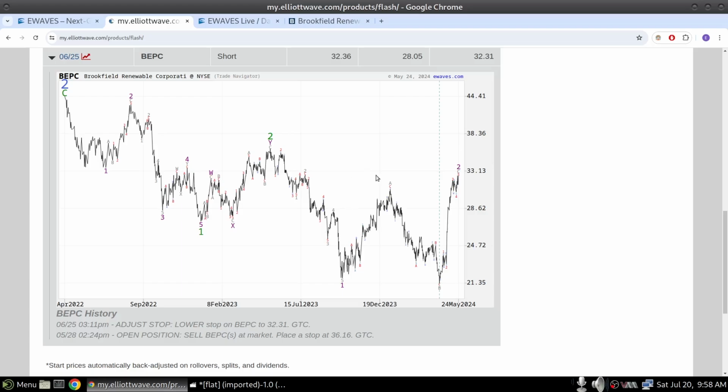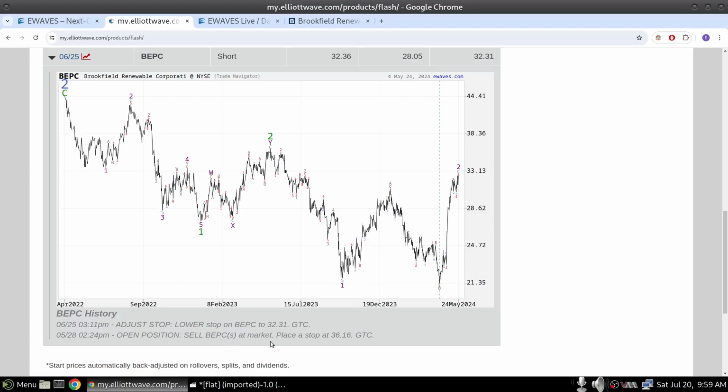Now, the first reason I'm going to show you is that, as you know, wave 2 can never break wave 1. So if this market were to continue higher and break this green 2 right here at 36.16, it would completely invalidate this wave count. And the market would be doing something else, and then EWAVES would go to the next previously lower probability interpretation of this market.